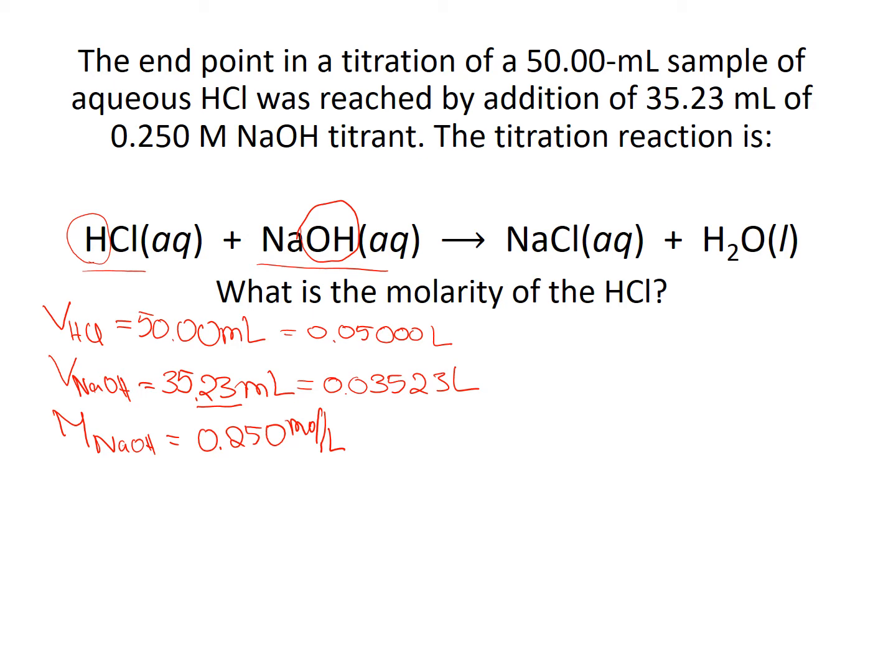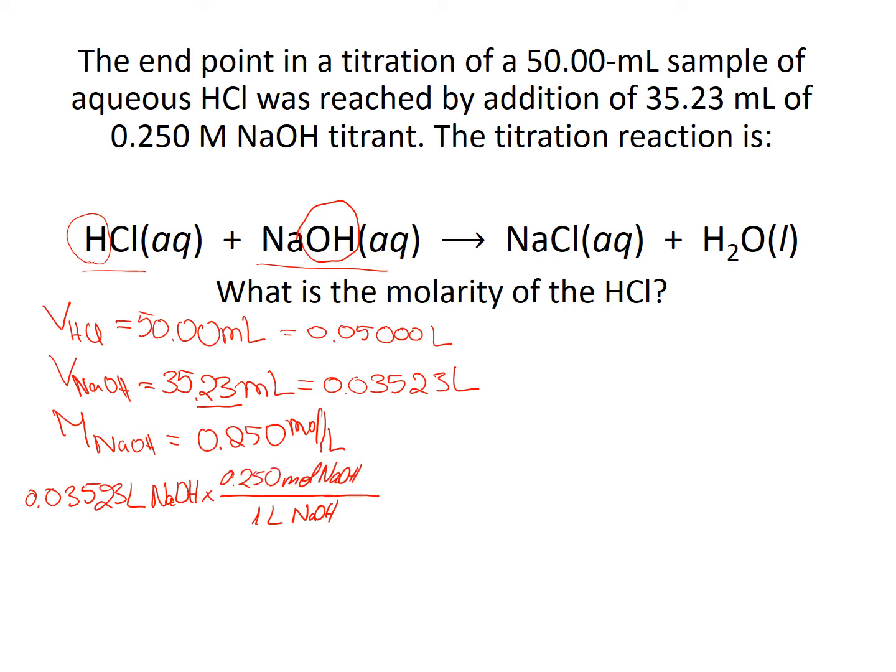When we have volume and concentration, the way we get to moles is by taking the volume in liters, 0.03523 liters. And this is of the sodium hydroxide solution. And then we're going to say in every 1 liter of the sodium hydroxide solution, we have 0.250 moles of sodium hydroxide.